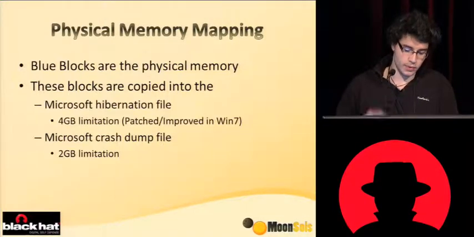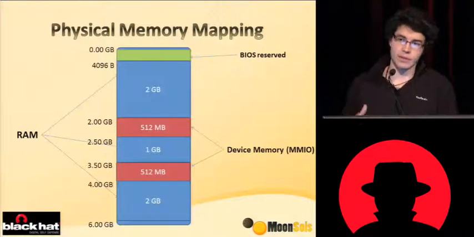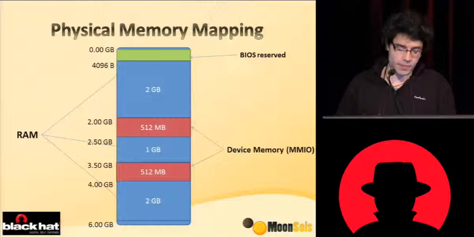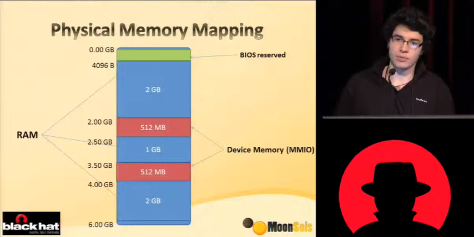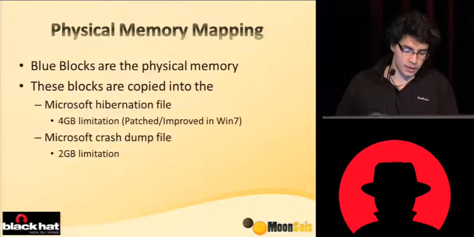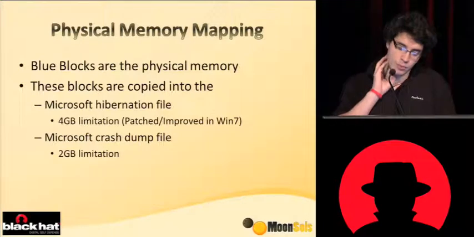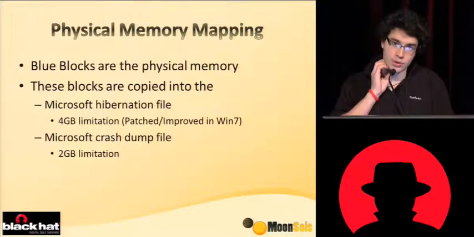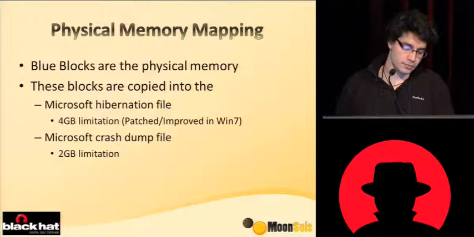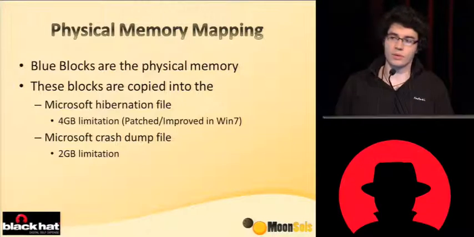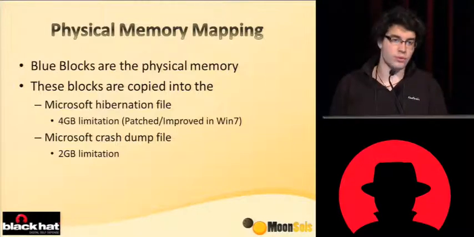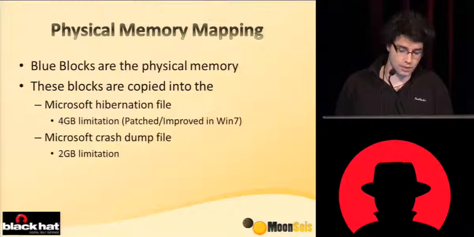So if you have this kind of physical address space, the red blocks will never be copied because they belong to the device memory. The problem with the Microsoft hibernation file is that, at least from Windows Vista and below, you have a 4 gigabytes limitation.